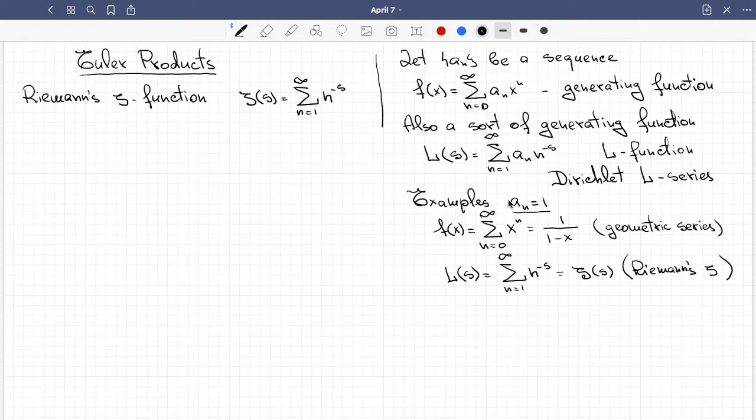We study arithmetic functions, so we may look at sequences coming from arithmetic functions.